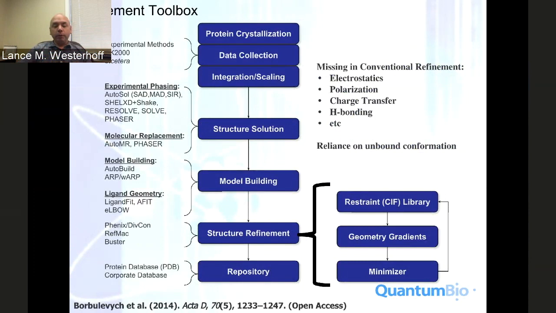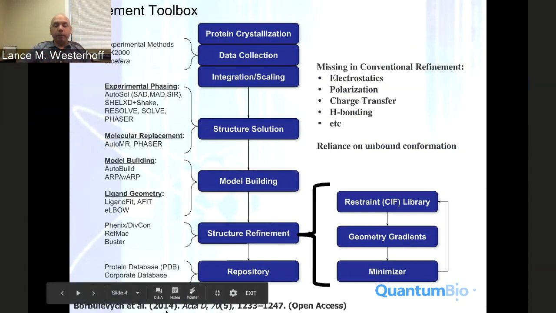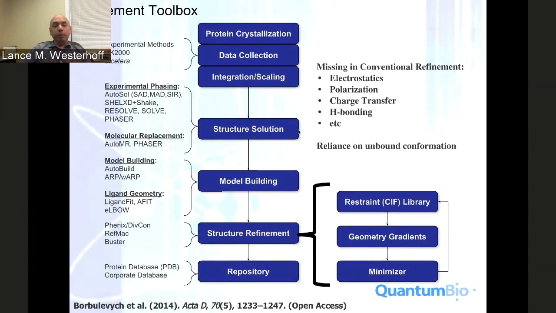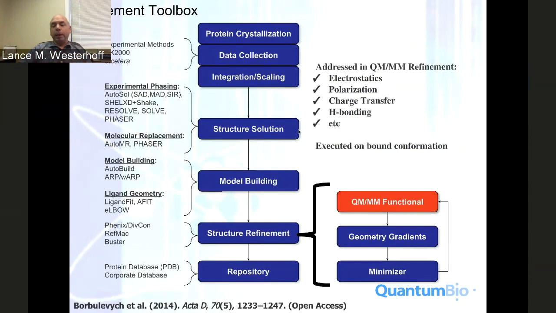And so what we did a number of years ago, and you're welcome to go back and take a look at this paper from 2014, and of course there's a good number of papers that it references beyond that, is replace that conventional approach with, at that time, a quantum mechanics functional. Now we replaced it with a full QM/MM functional, fully automated. Now we can capture electrostatics, polarization, charge transfer, hydrogen bonding, and so on and so forth, and therefore execute on that bound conformation.